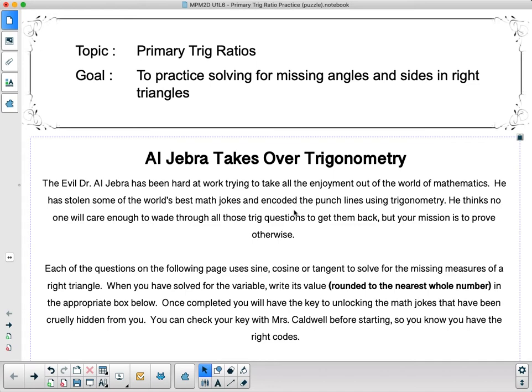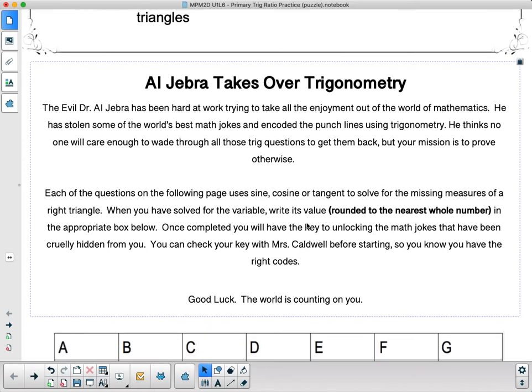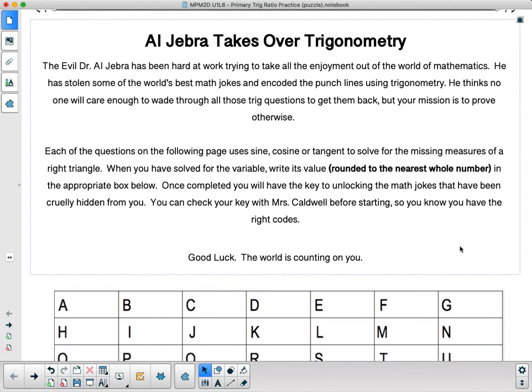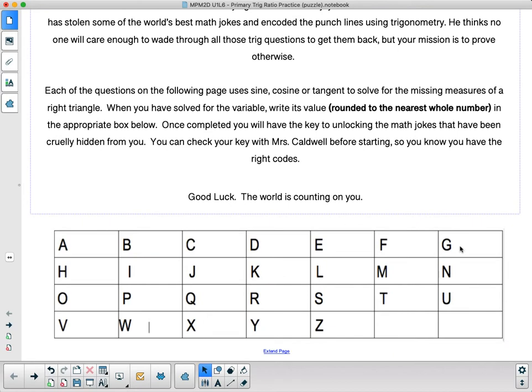Each of the questions on the following page uses sine, cos, or tangent to solve for the missing measures of a right triangle. When you have solved for the variable, write its value, rounded to the nearest whole number, in the appropriate box below. Once completed, you will have the key to unlocking the math jokes that have been cruelly hidden from you. You can check your key with Mrs. Caldwell before starting so you know you have the right codes. Good luck, the world is counting on you.